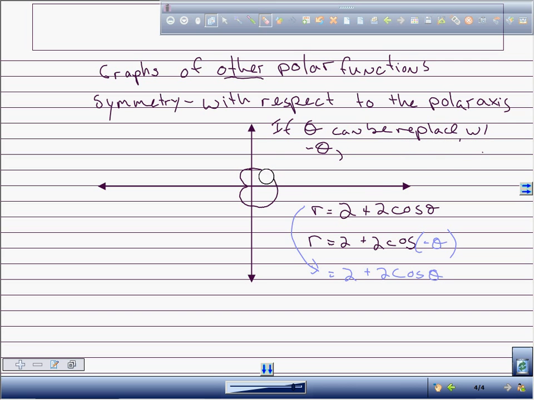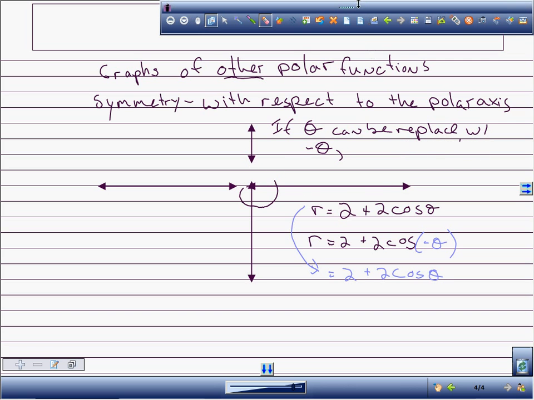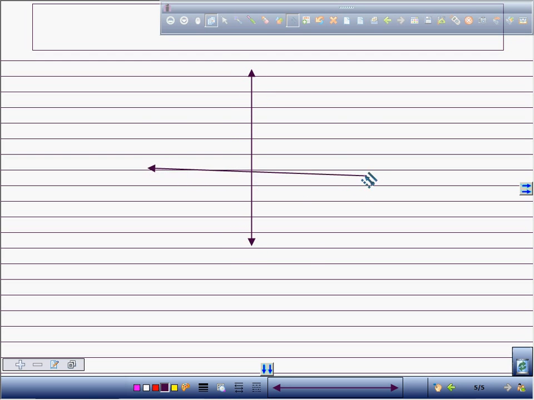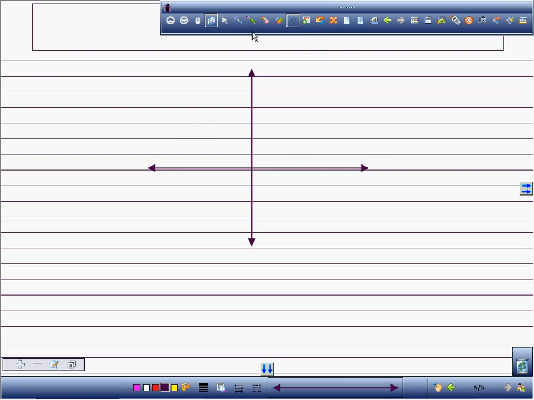Will this work? And start with a new page. So, new page. Are we supposed to be drawing these on the back? Not yet, no. So we're going to graph one by one.